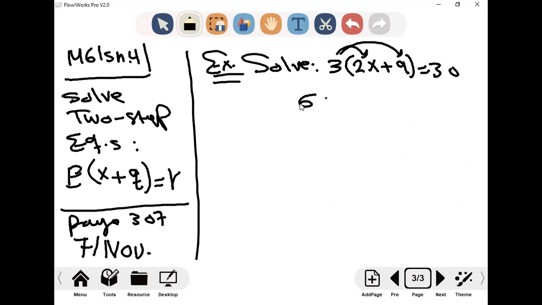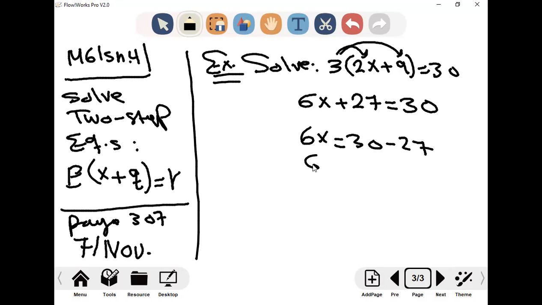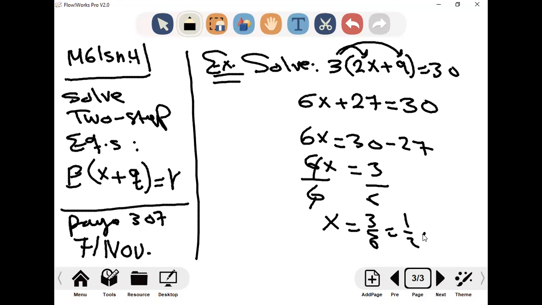So 6x plus 27 equals 30. Right? Two-step equation. Shift and divide. So the 27, 6x equals 30 minus 27, 6x equals 3. Divide by 6 on both sides. x will be 3 over 6, which is 1 over 2. Done?